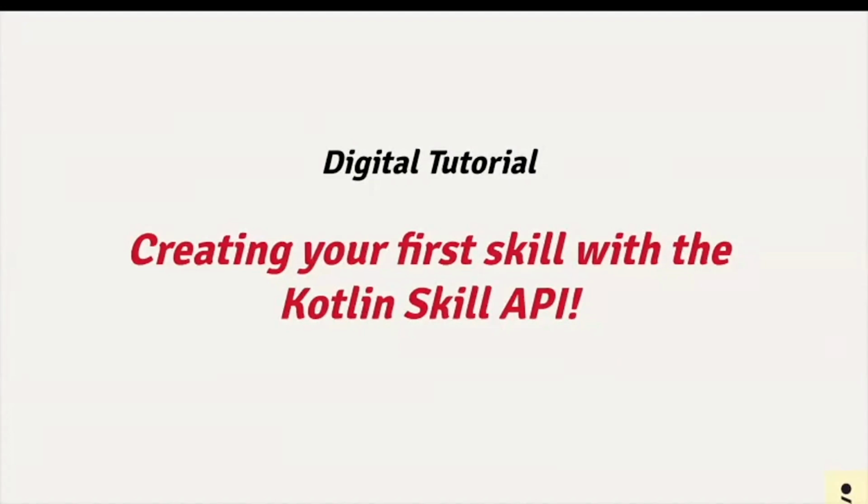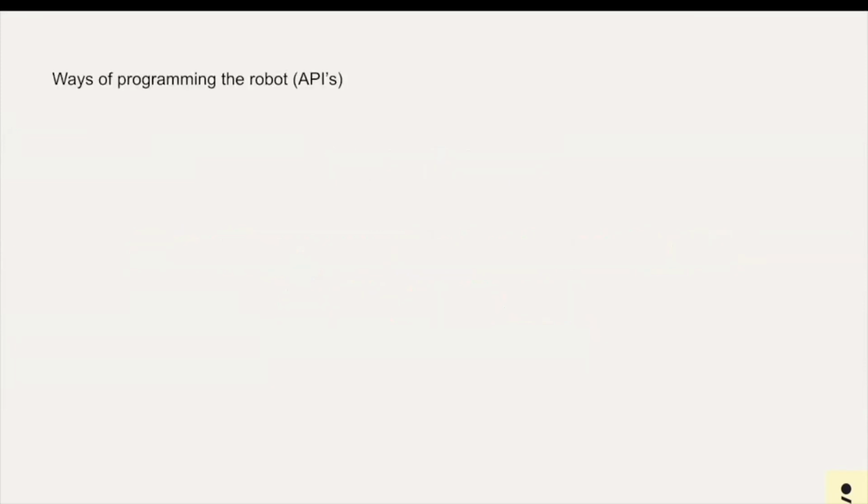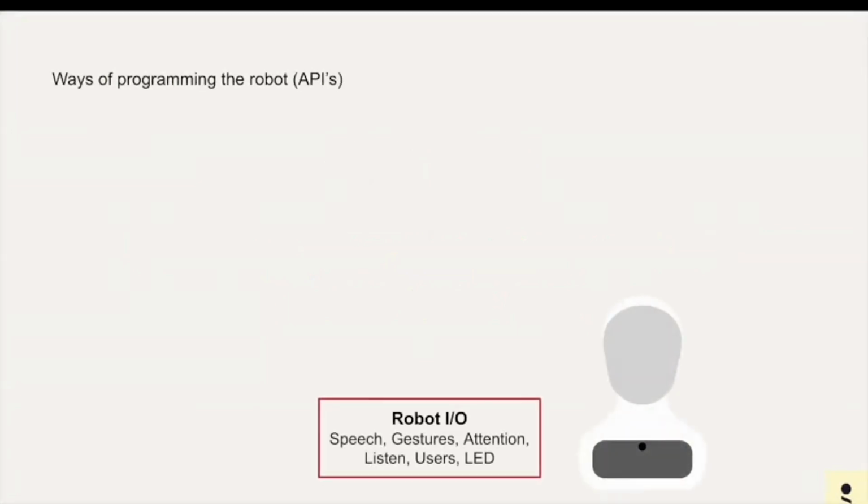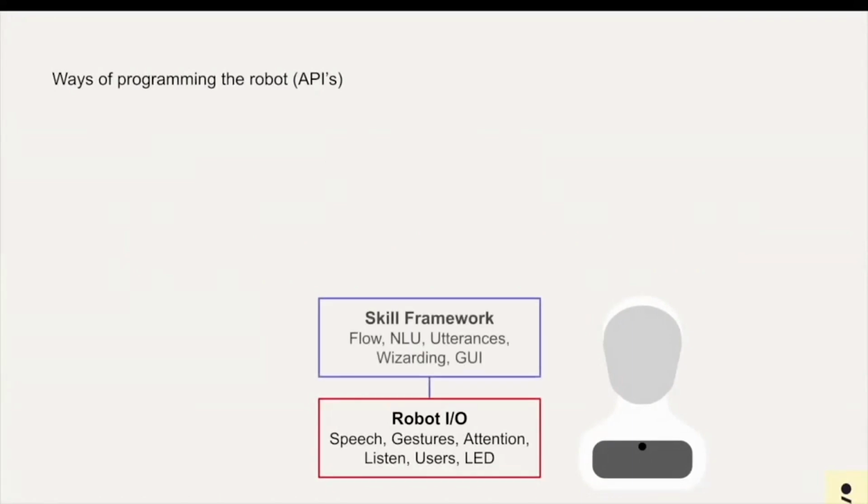All right. In this tutorial, we will be creating your first skill with the Kotlin Skill API available in the Furhat platform. Let's first recap the different ways of how you can program the Furhat robot. In the bottom layer of the Furhat robot, we have the basic functions to control the speech, gestures, attention, make the robot listen, attending users, controlling the LEDs, and so on.